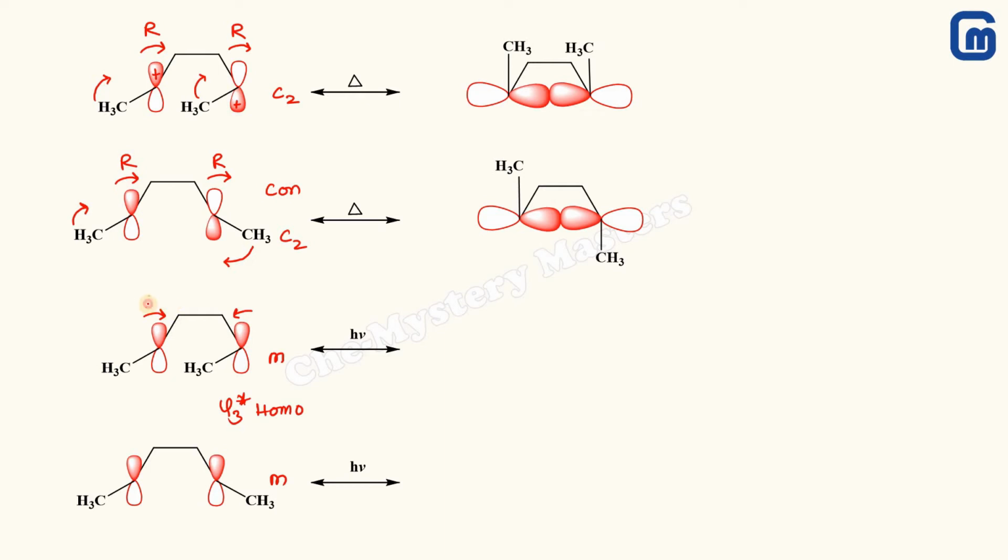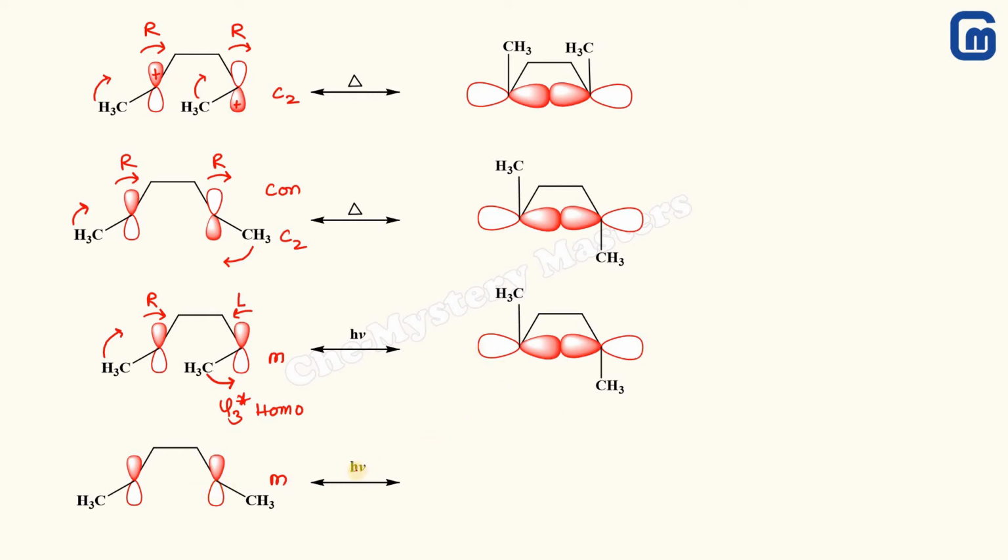So if one is going right side, the other will go towards the left side and vice versa. If it is going towards the right side, it will go upward, and if it is going towards its left side, again this CH3 will go downwards.